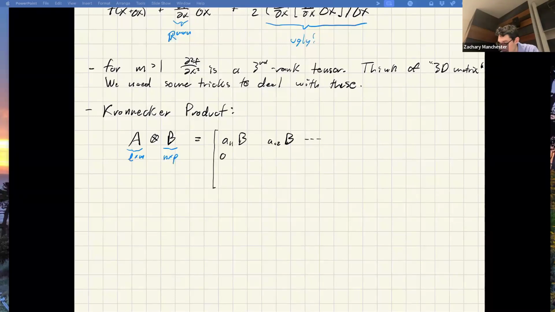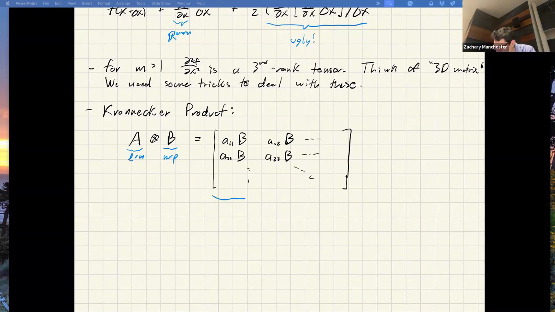And then A21 times B, A22 times B, dot, dot, dot. You get the idea. Essentially, I take the entire matrix on the right-hand side and multiply by each scalar element of the matrix on the left and blow this up into a giant matrix.